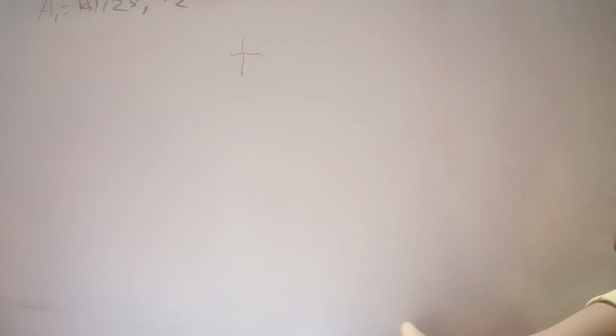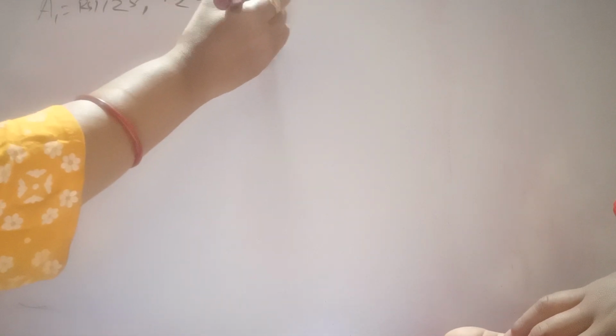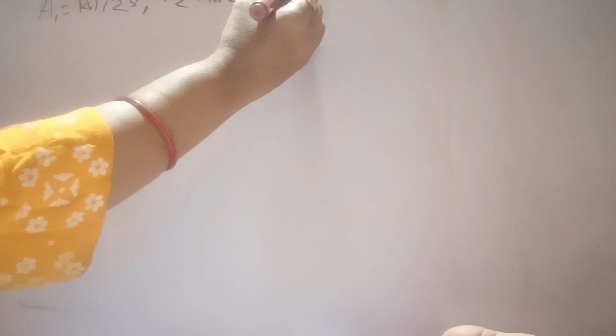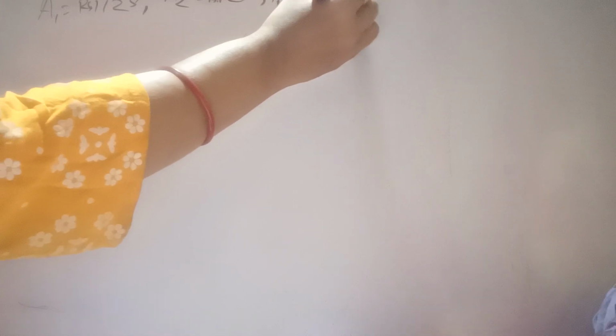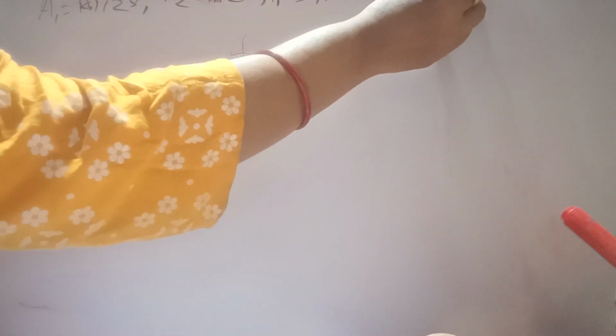Find the sum and rate of interest. Now, A2 is 1200 rupees. T1 is 4 years and T2 is 7 years.